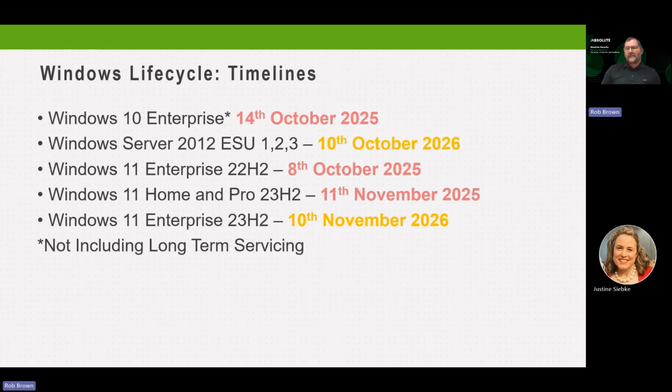If you're using 23H2 still for Windows 11, you have until November this year, November the 10th, to go ahead and get to 25H2. If you are going from 23H2 to 25H2, it isn't a single upgrade.